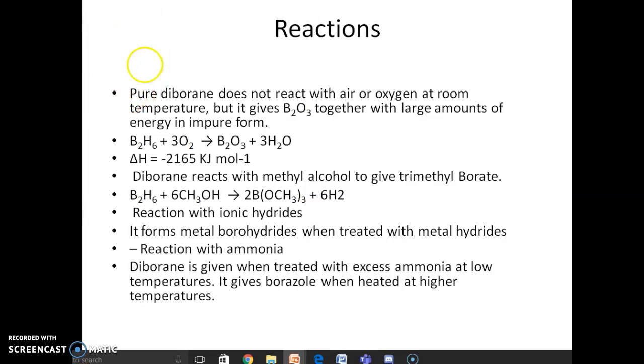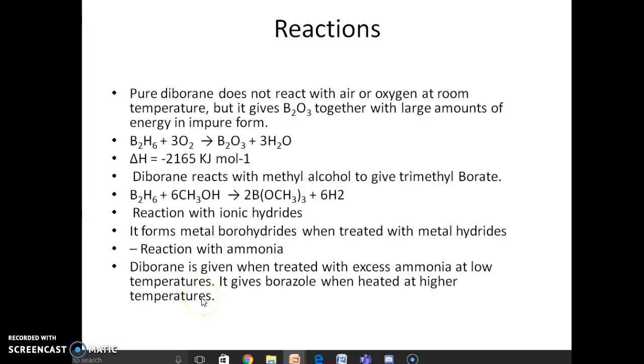When diborane reacts with methyl alcohol, it gives trimethyl borate. So B2H6 plus 6CH3OH giving 2B(OCH3)3 plus 6H2. And it forms metal borohydrides when treated with metal hydrides.